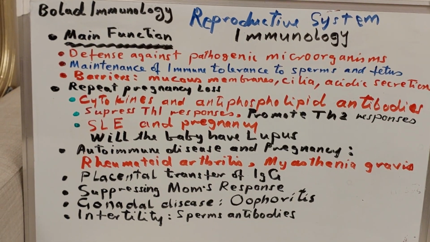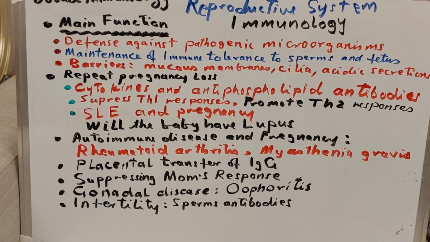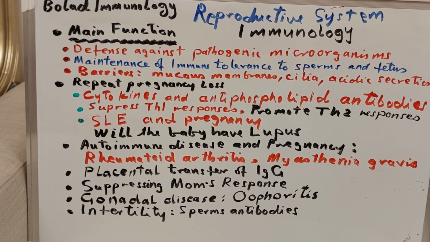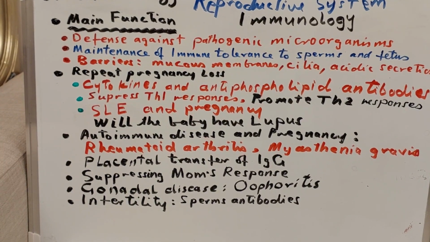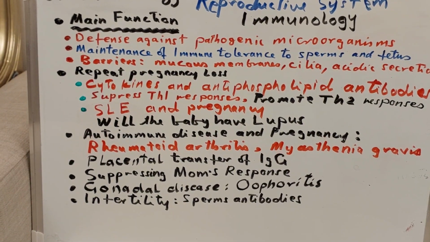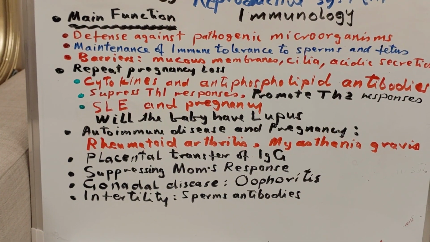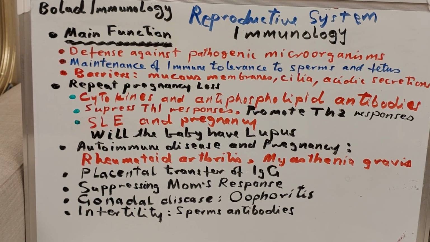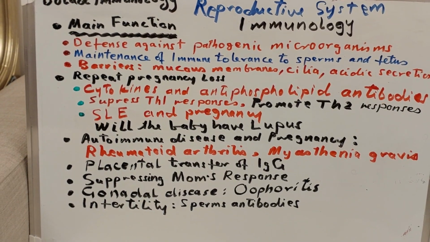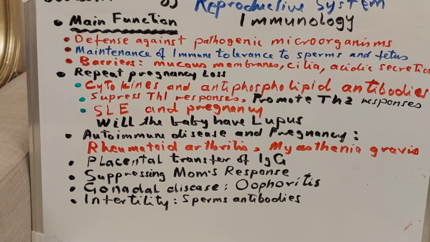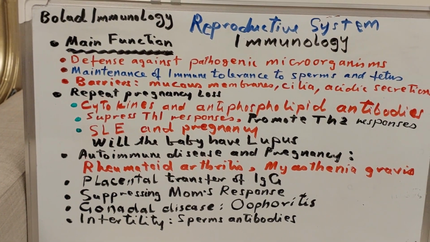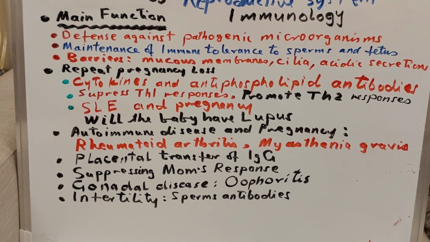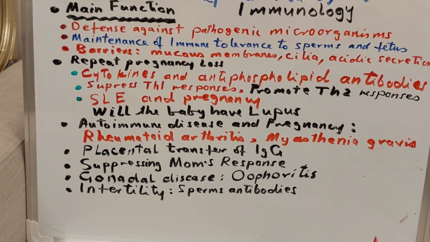So passage of anti-Ro antibodies through the placenta to the baby may give a baby with a transient rash and abnormal blood count, and some of these babies may get abnormal heartbeat. This is known as neonatal lupus, and it is not systemic lupus.